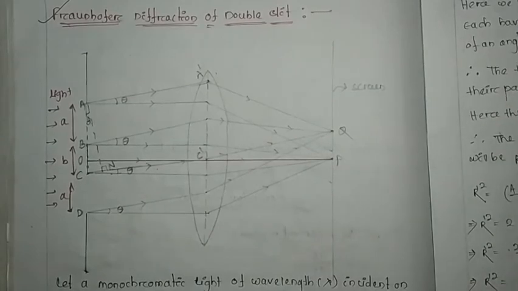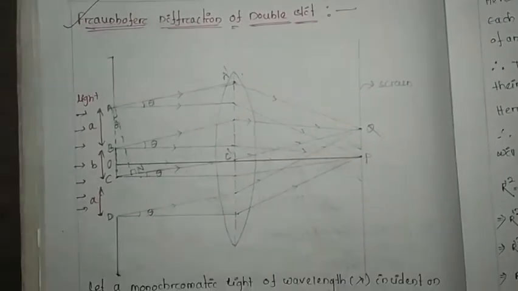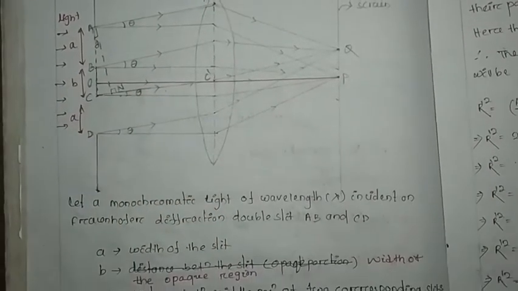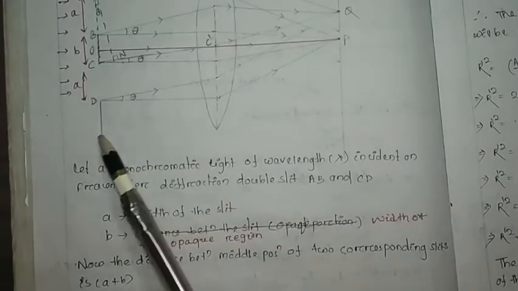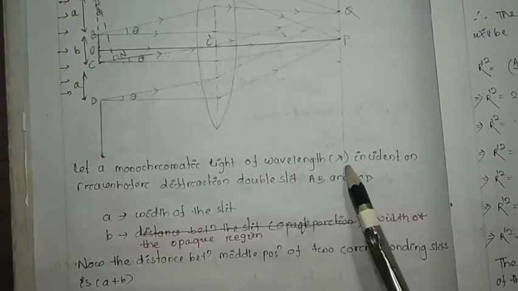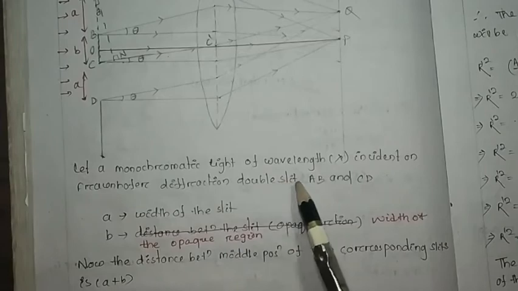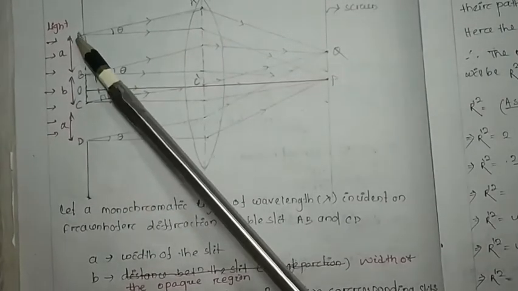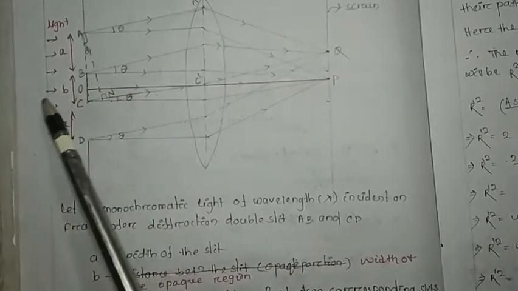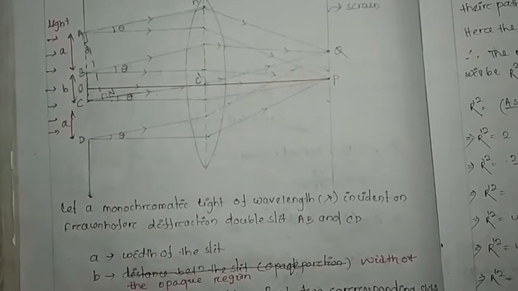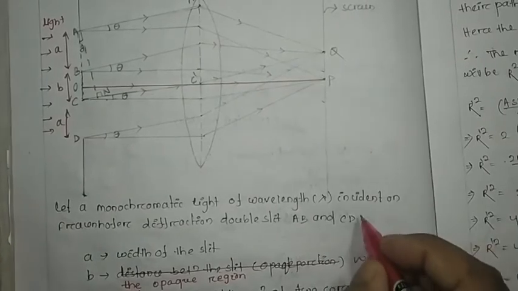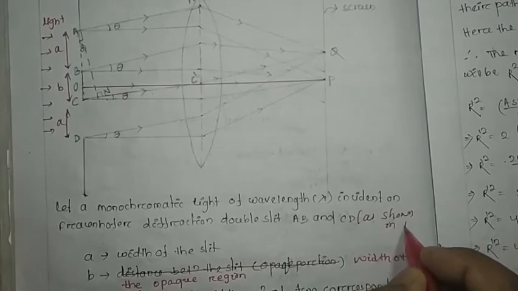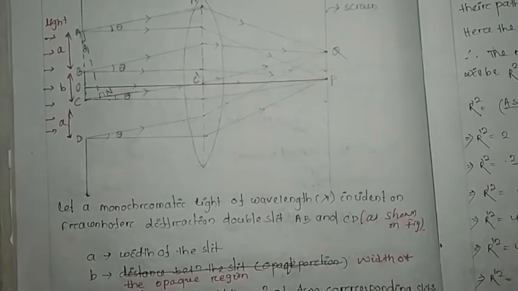In short, what we have discussed about the arrangement of this experimental setup is written here: let a monochromatic light of wavelength lambda be incident on the Fraunhofer diffraction double slit AB and CD from the left, as shown in the figure.